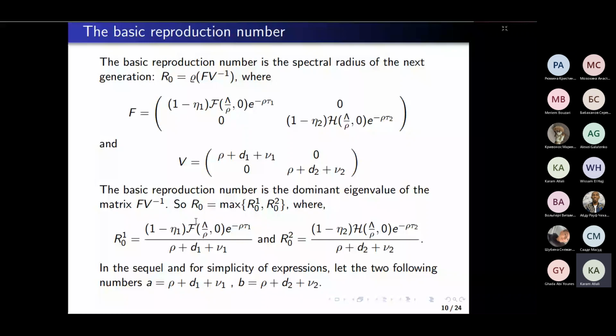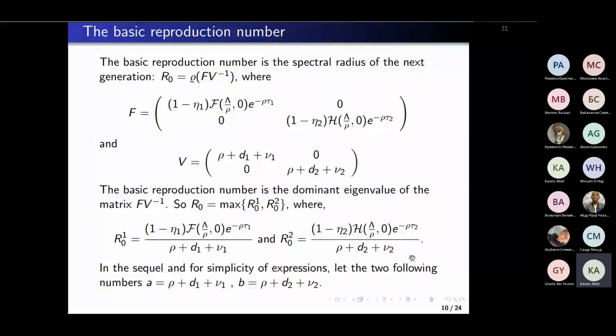Because R01 depends on the characteristics of the first strain of infection, and R02 depends on the second strain characteristics, like the mortality rate, the delay rate, and the recovery rate of the second. R01 is the same.